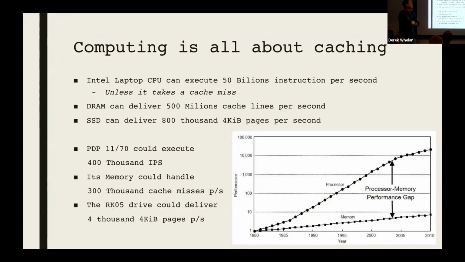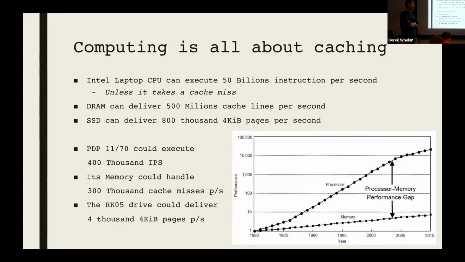Okay, so next thing. Computing is all about caching. My Intel CPU can execute roughly 50 billion instructions per second, of course, unless it takes a cache miss. DRAM is 2 orders of magnitude less in terms of cache lines per second.